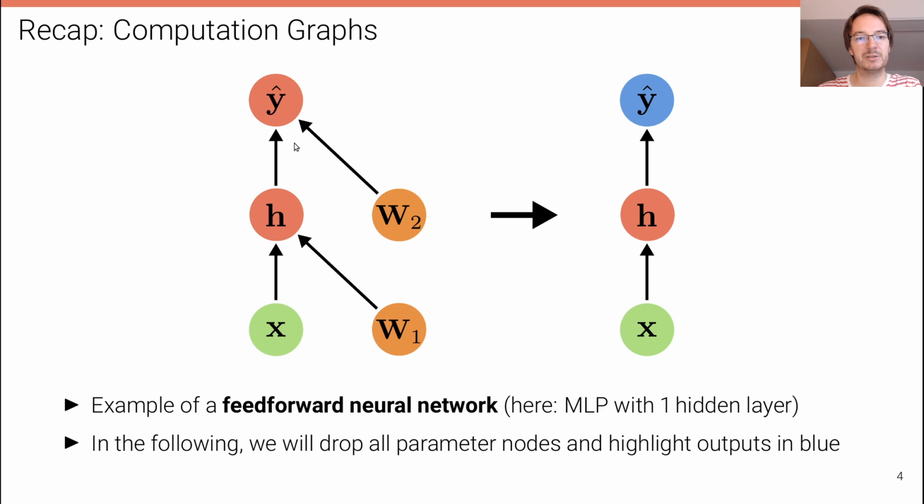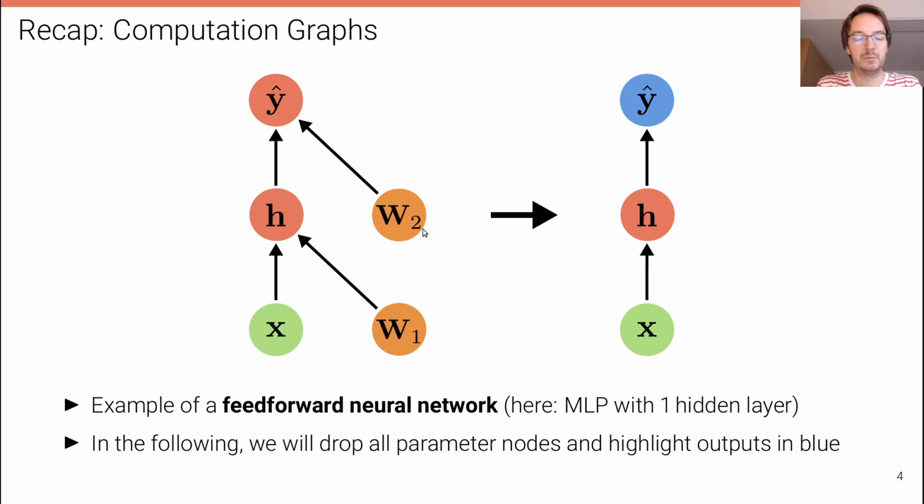It's a two-layer network with one hidden layer and one output layer. Each of these two layers has a set of parameters that's associated with that particular layer. So we have two sets of parameters here.